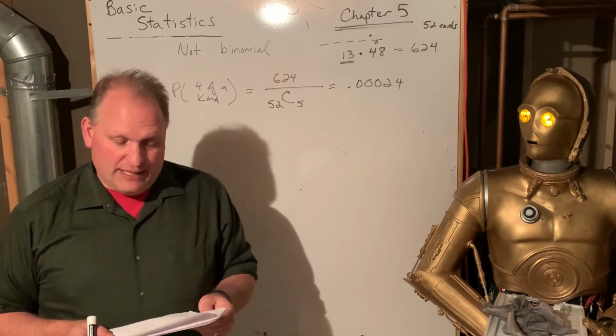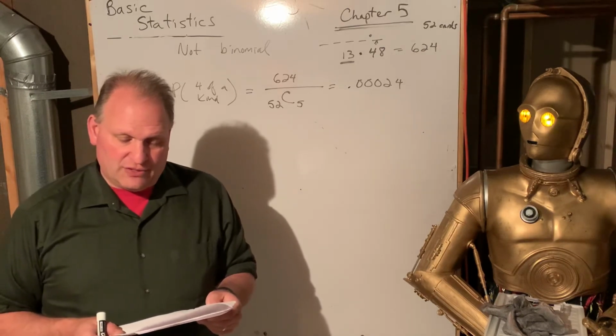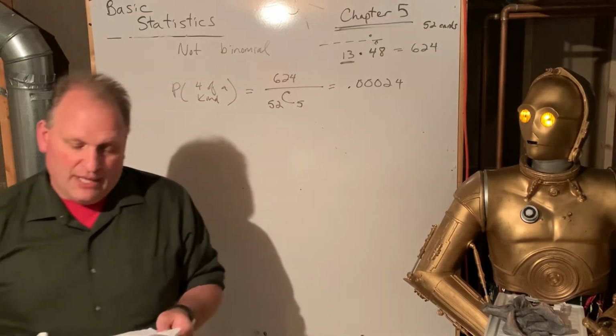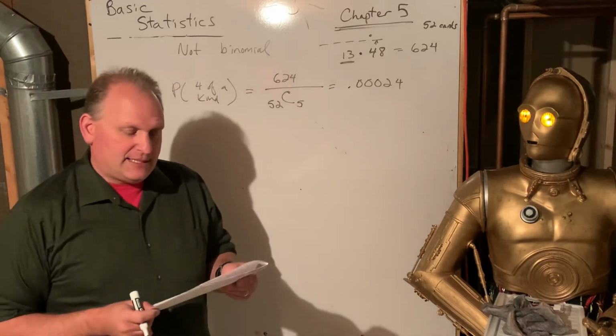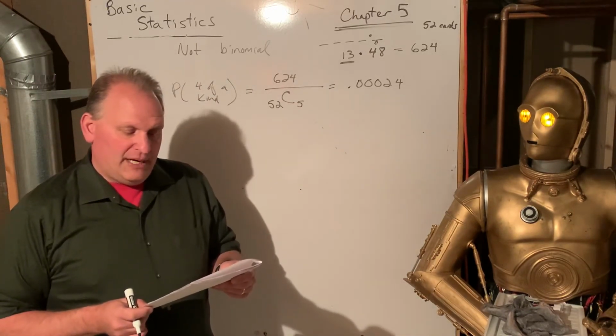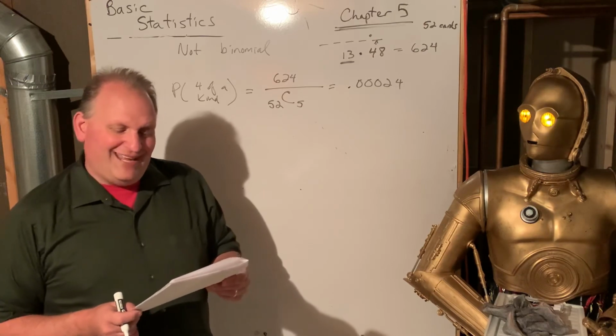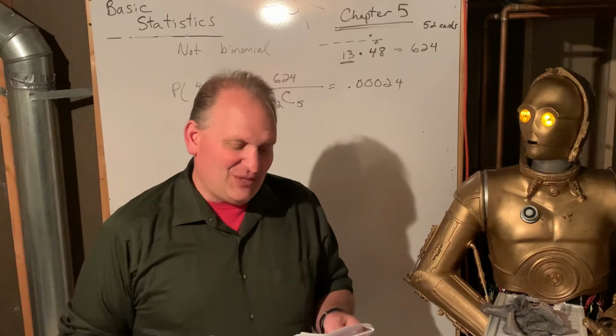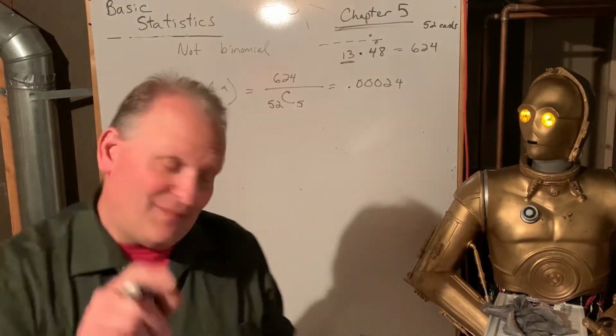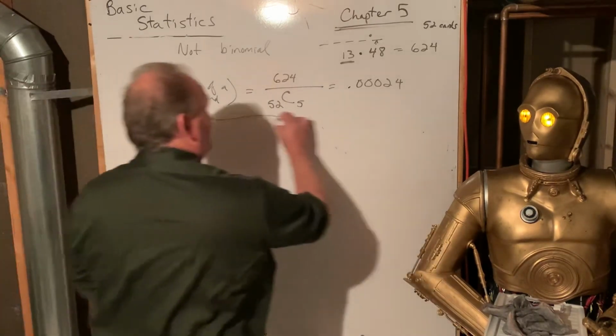in American Roulette, the wheel has 0, 00, and then 1 through 36. So 38 possible outcomes. If you bet my favorite birthday, 21, 10 times in a row, what is the probability you will win exactly 1? This is a binomial problem.